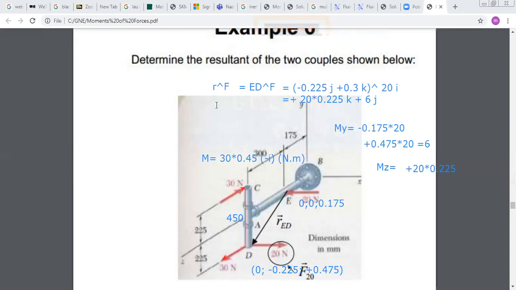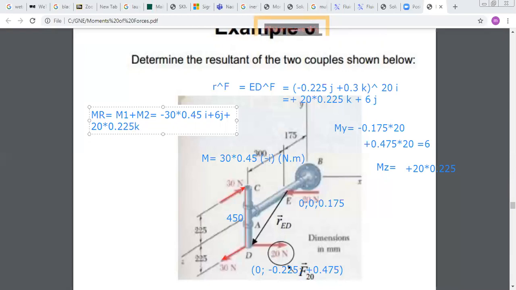Now, once you find the moments of the two couples, the resultant moment M resultant is equal to moment vector 1 plus moment vector 2. For the first, it's negative along I, so it's minus 30 times 0.45 I. And for the second moment, you have plus 6J and plus 20 times 0.225K.